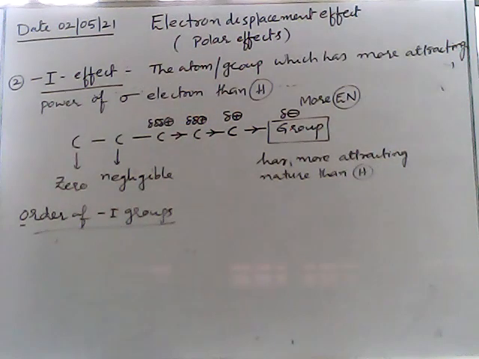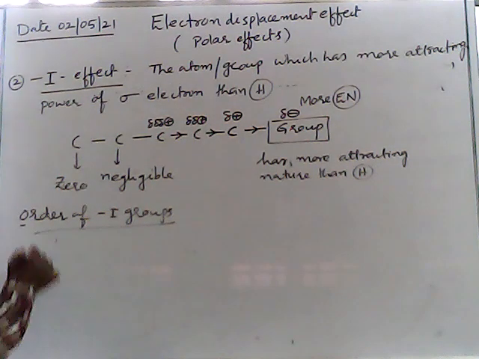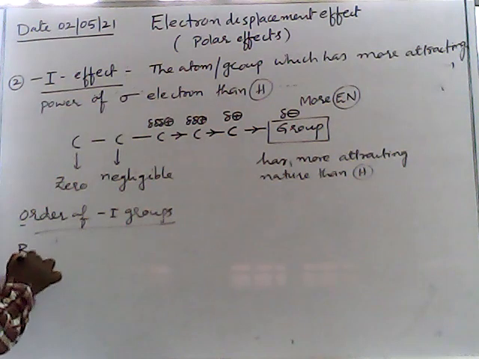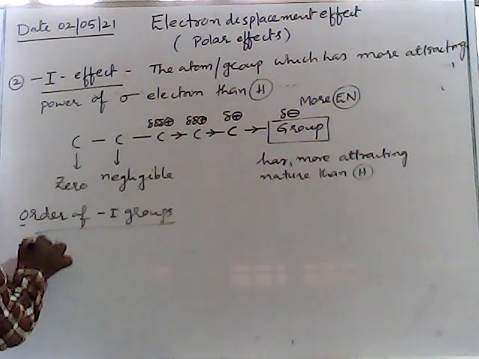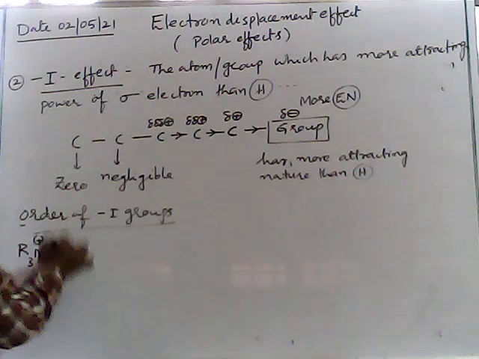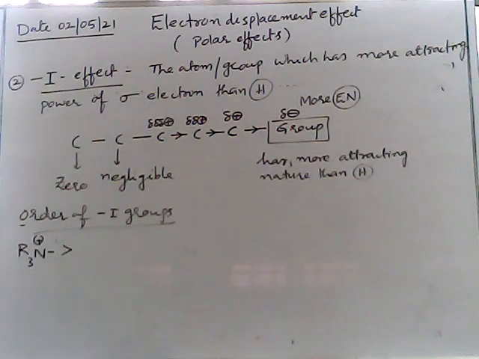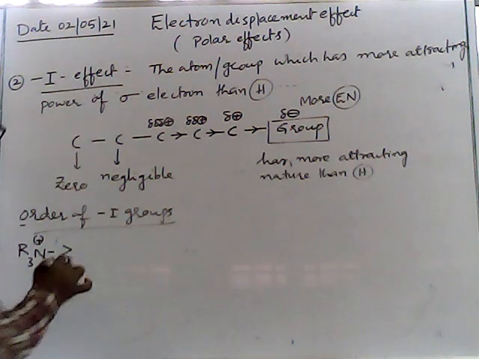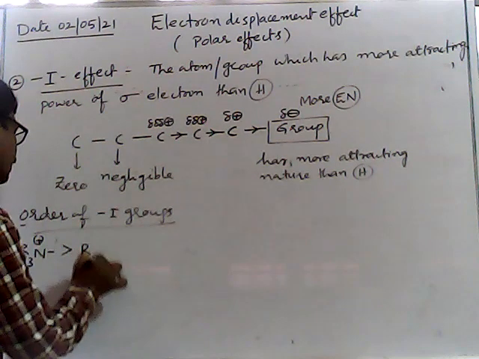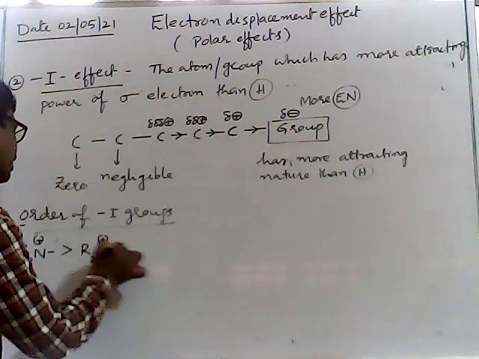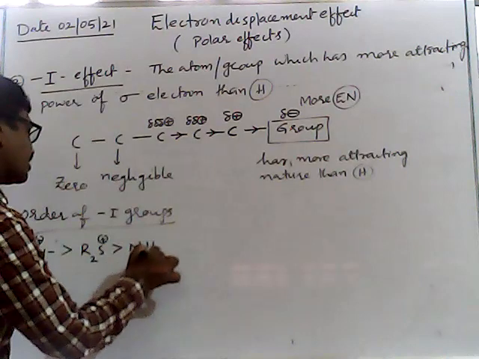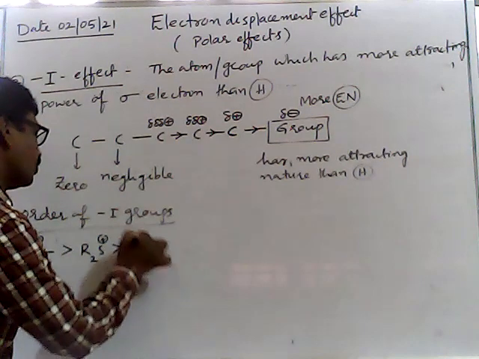See, first here R3N+. This group has more minus I nature than R2S+. Then NH3+, it is ammonium.